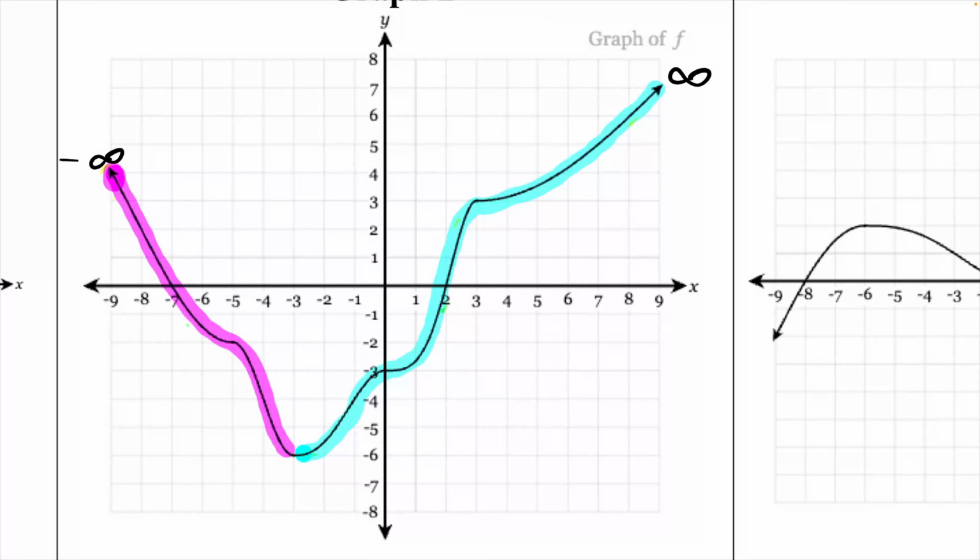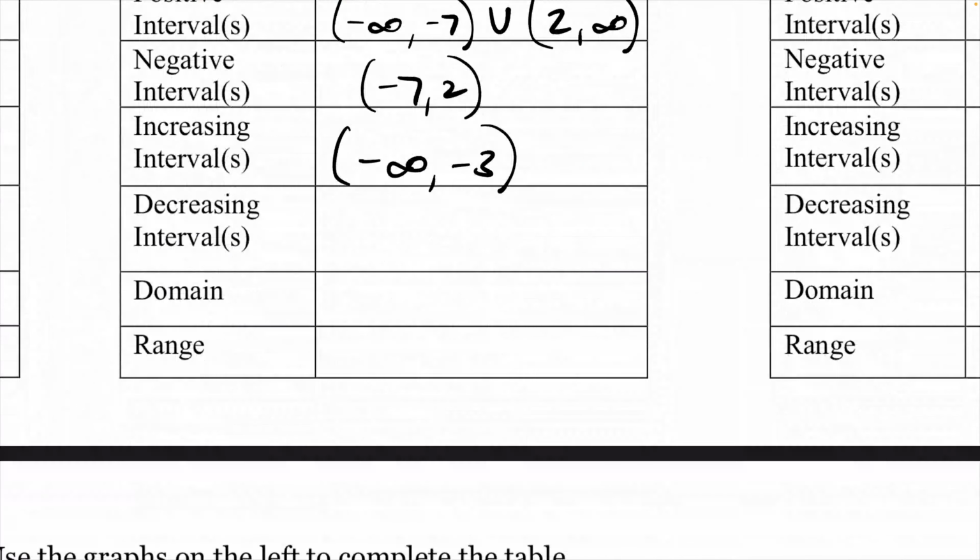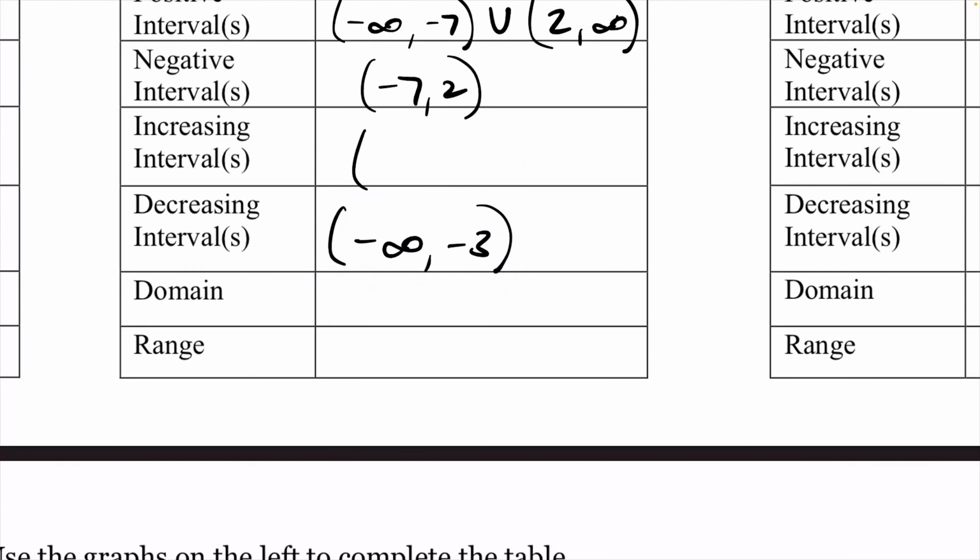When did I start going uphill? Which x value? Negative 3. And then did I ever stop going uphill? Nope, to the arrow. Infinity. So negative 3 to infinity. Wait, I put them in the wrong spot. That should be downhill. That should be uphill. I switched them.